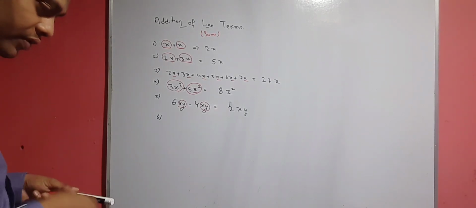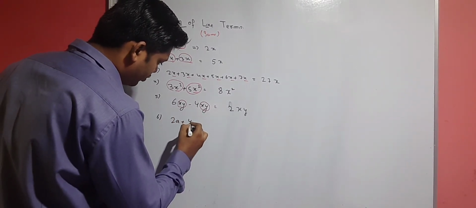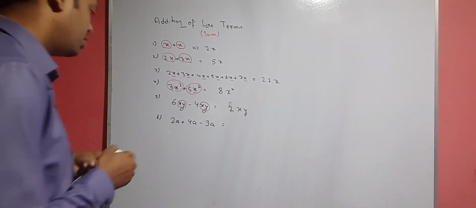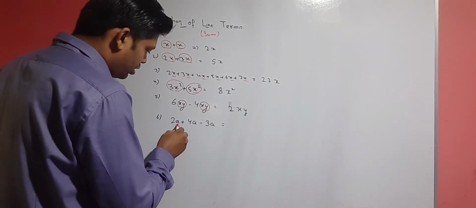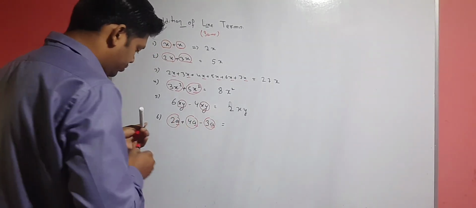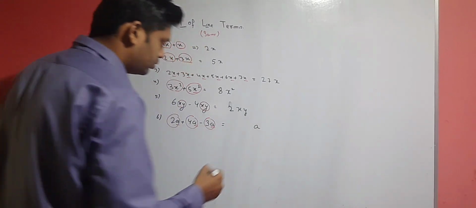Now the sixth one, what they gave us: 2a plus 4a minus 3a is equal to, okay, again they are like terms. A is there, one term, two terms, three terms. Only a you will write.